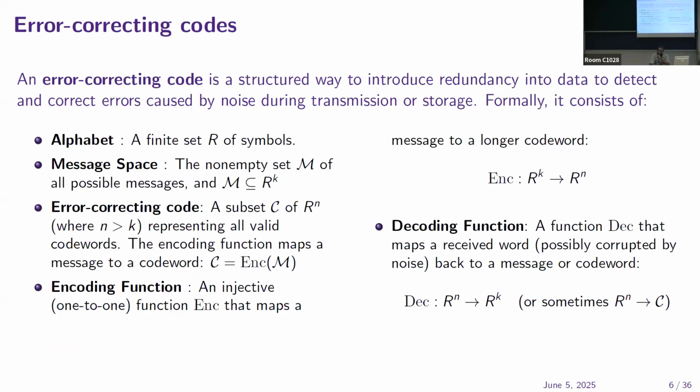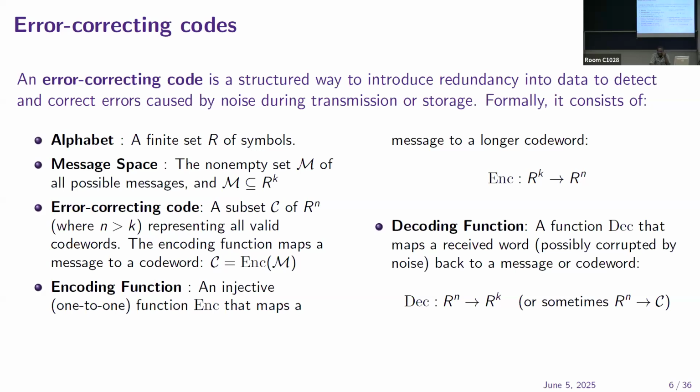An error correcting code is a structured way to introduce redundancy into data to detect and correct errors caused by noise during transmission or storage. Formally it consists of an alphabet, a message space, and an error correcting code.